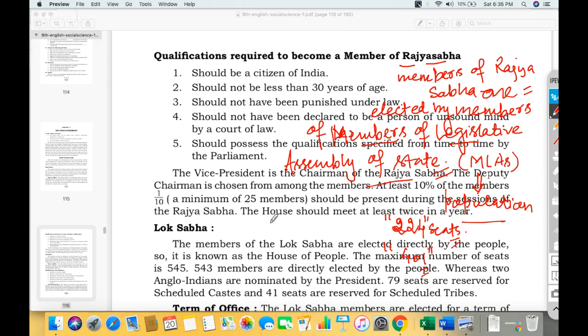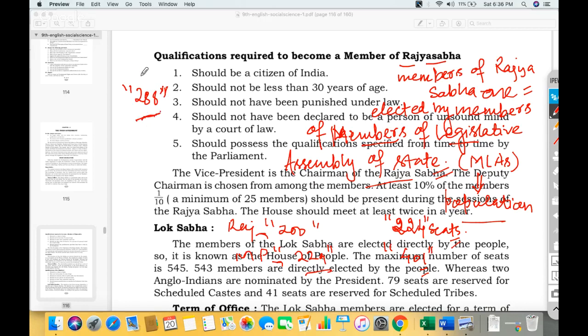In Rajasthan, it is 200. Madhya Pradesh, it is 229 for sure. Tamil Nadu, it is 288, I think. So likewise, seats in state assemblies.